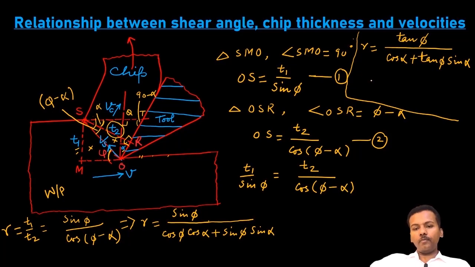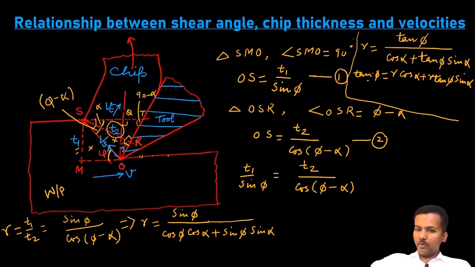Now further expand, tan phi equal to r cos alpha plus r tan phi sine alpha. Now take this left side and take the common tan phi.